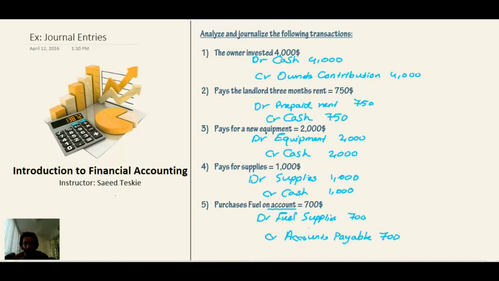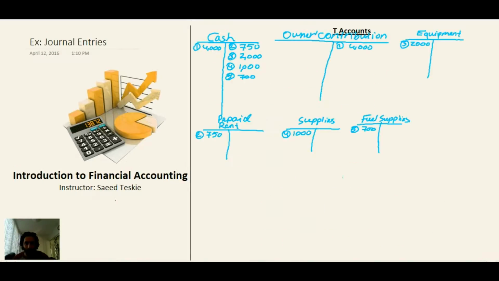Oh, sorry, we didn't pay for it. It was on account, so we will credit accounts payable. So now we have to erase this one. And we should create accounts payable, number 5, 700. Okay.